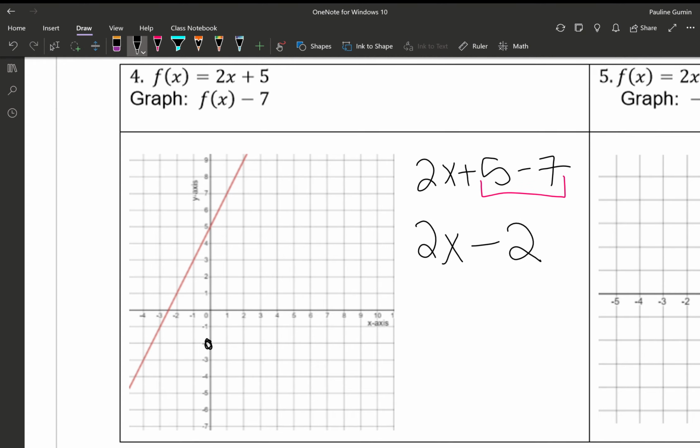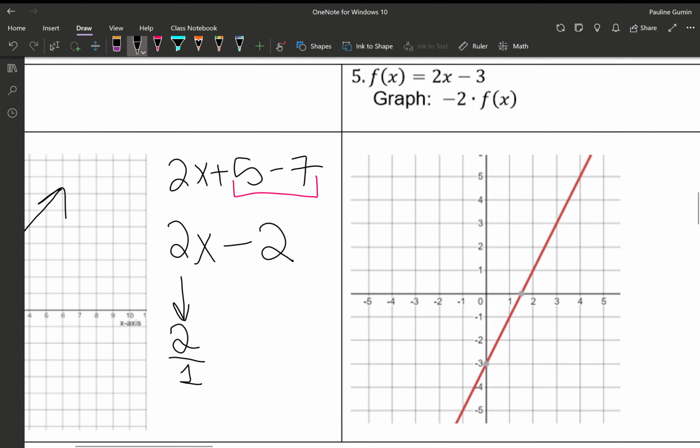So I'm going to draw a dot on minus 2 on the y-axis. The 2 next to the x is our average rate of change. Now it's just a whole number, so I'm going to rewrite it as 2 over 1 so that I could see the rise over run. Any whole number can always be rewritten as over 1. Let's do this. Up 2 to the right 1. There's our graph.